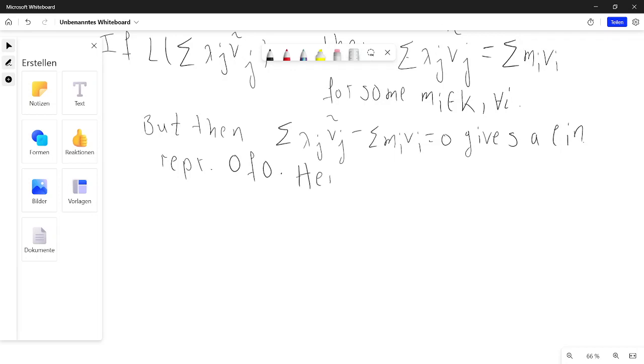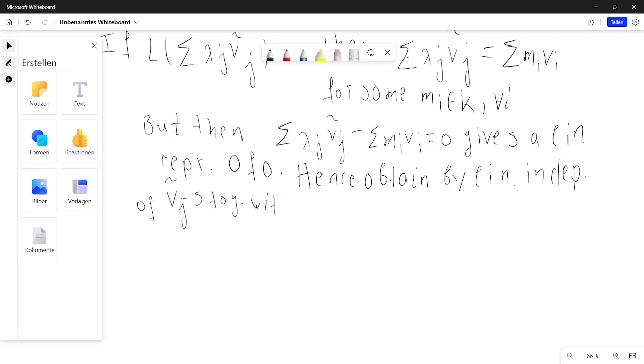Hence, we obtain by linear independence, since we have a basis, we are linearly independent, that the lambda_j's together with the mu_i's are all 0.